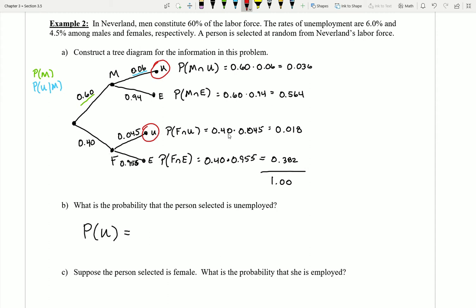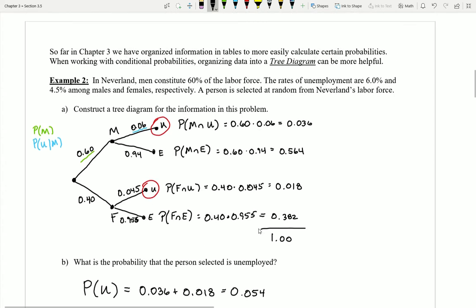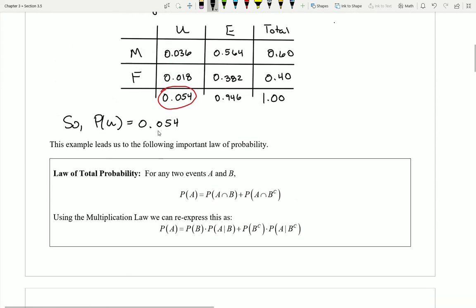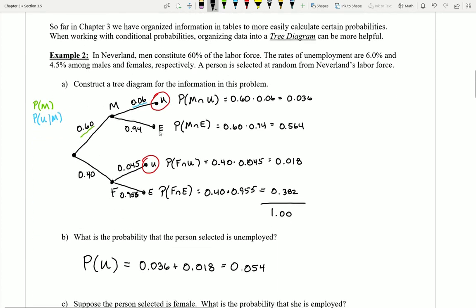Well, I go down the 0.4 and then the 0.045, and so I can take those two values and just add them up. So this is 0.036 plus 0.018, and when I add those together, I get 0.054. Notice that's exactly the same answer we got on the last question as well. We just arrived at it with a slightly different approach.